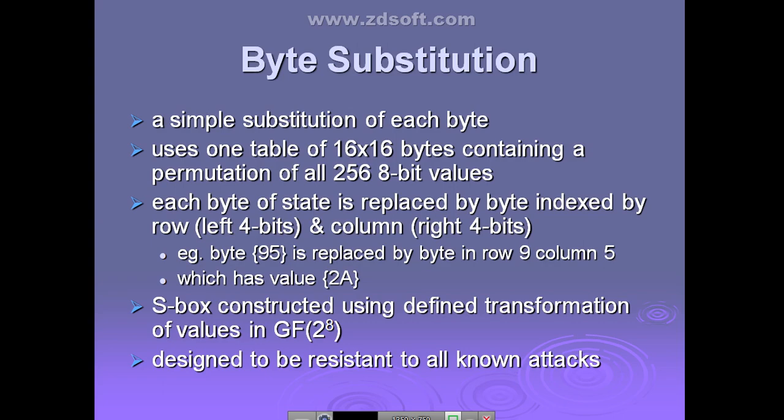There it takes 6 bits of input and produces 4 bits of output, right? Only one S-box is used in AES for byte substitution, and that S-box has only one table, of 16 by 16 bytes, containing a permutation of all the 256 8-bit values. Clear? Yes or no? We studied byte substitution in the last class itself, guys.